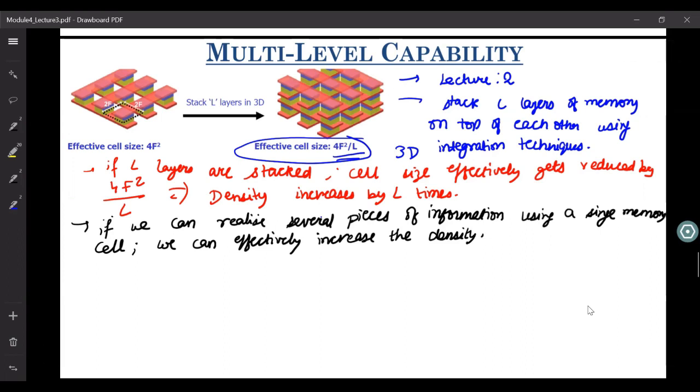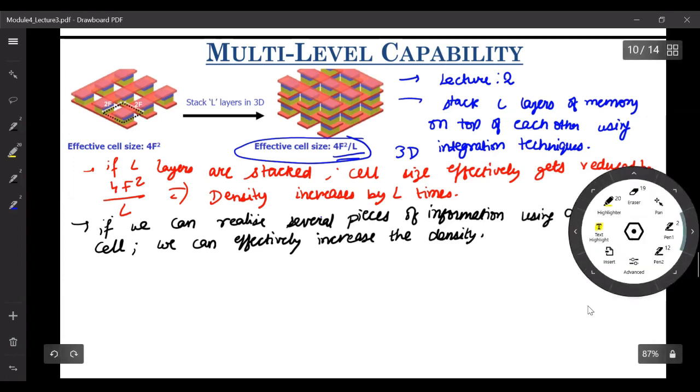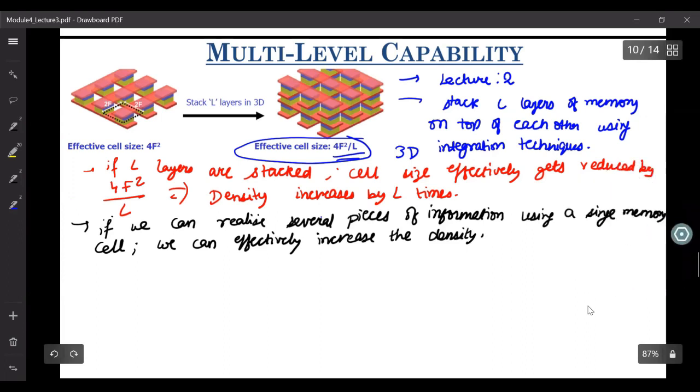Now the question arises, by how much? So, if one cell can be used to represent n bits instead of 1 bit, then we can increase the density by n times.